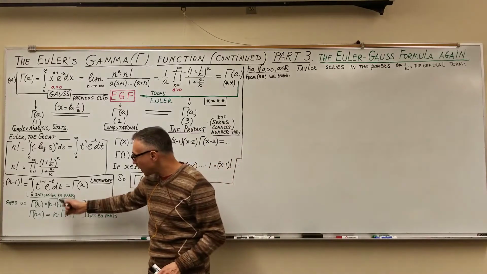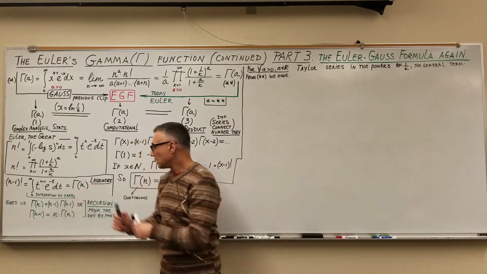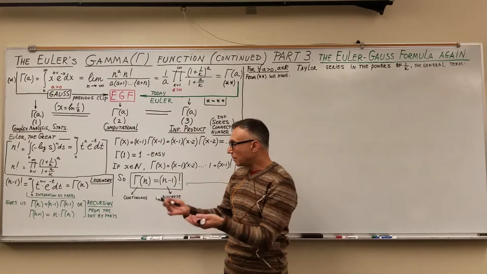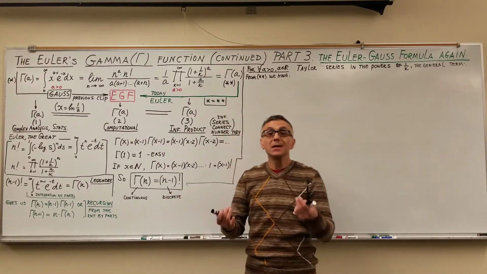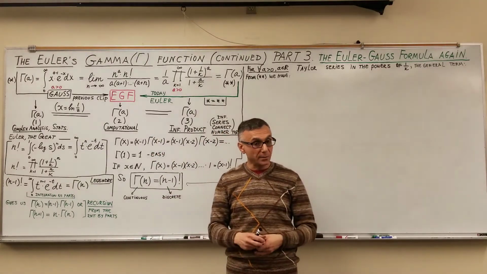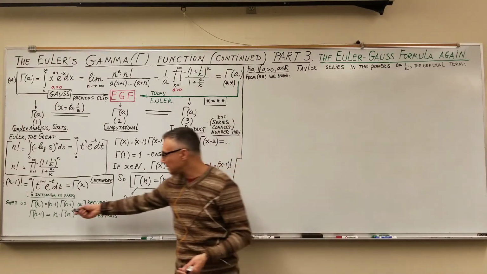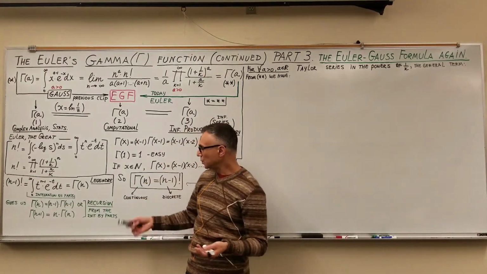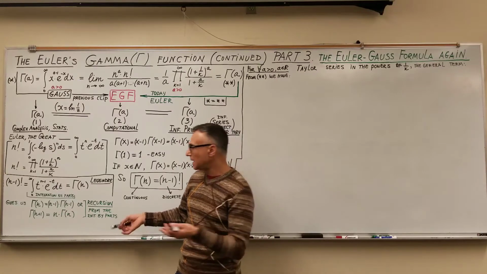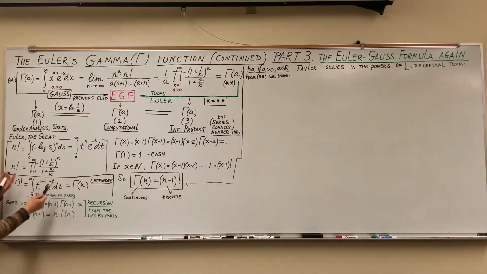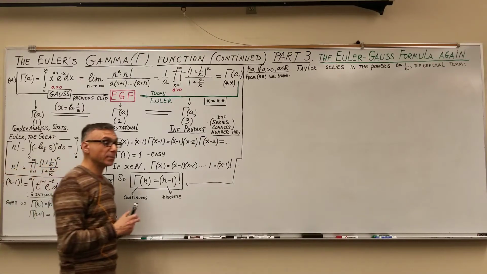So if you integrate it by parts, you will get this wonderful result. The gamma function will be equal to itself with the argument reduced by 1 multiplied by some correction factor. You can integrate by parts anyway. Choose your u as e to the minus t, the rest dv, or you can choose u as t to the n minus 1, the rest dv. Depending on how you choose your u and v, you'll get one of those two versions of the integration by parts.